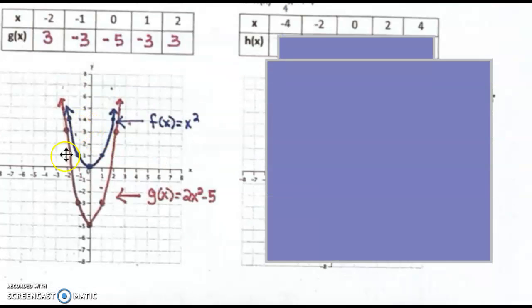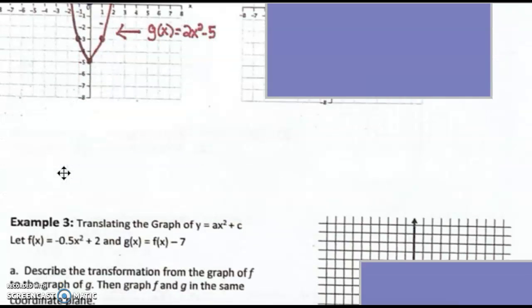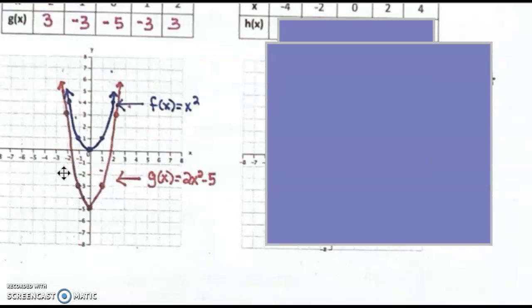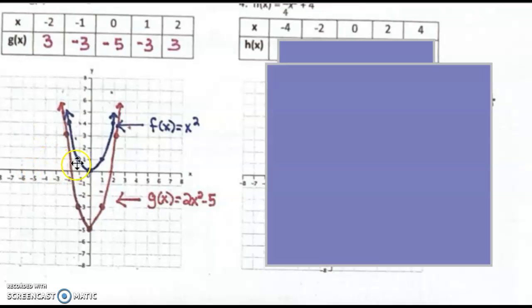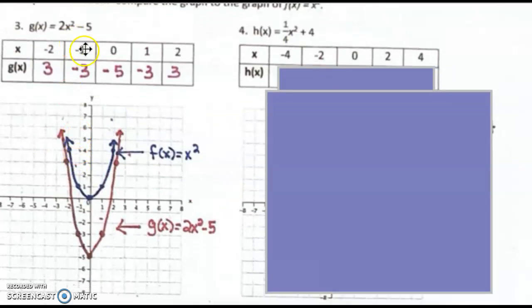We can see that, oh, it doesn't even say it on here, does it? Okay, well, we can tell that the 2, remember, it's greater than 1, so it's a vertical stretch. Okay, so we have a vertical stretch by a factor of 2, and then when you move it 5 units down, so that's how we compare it.